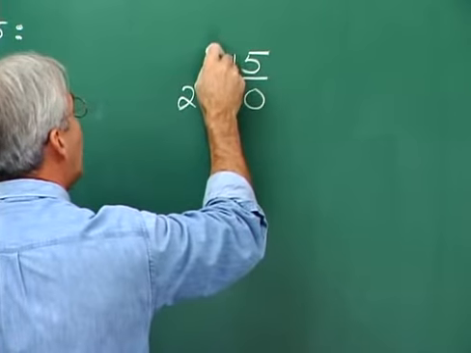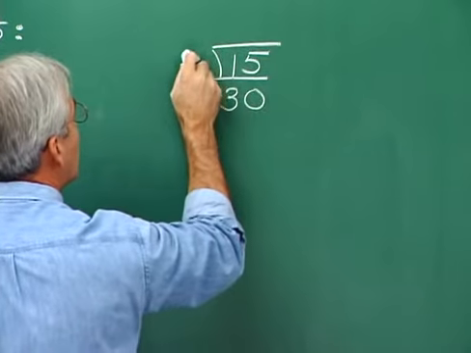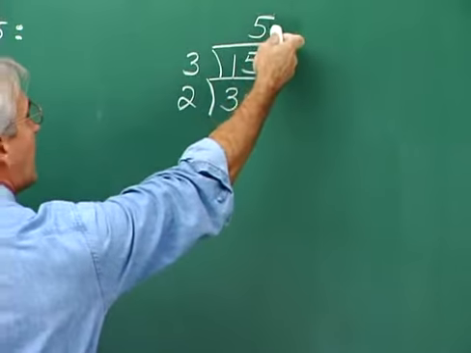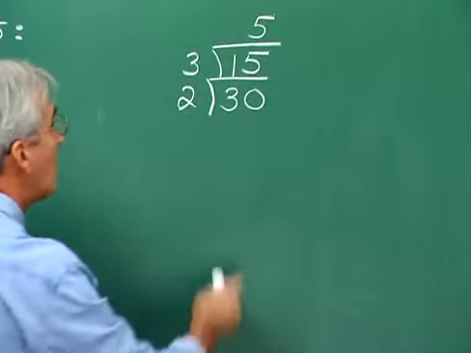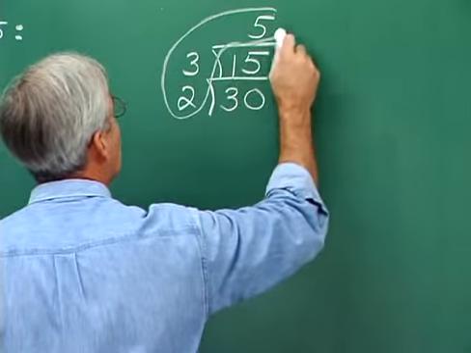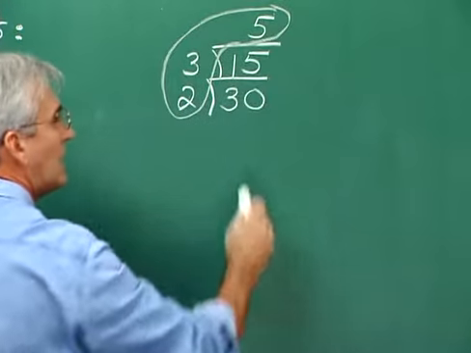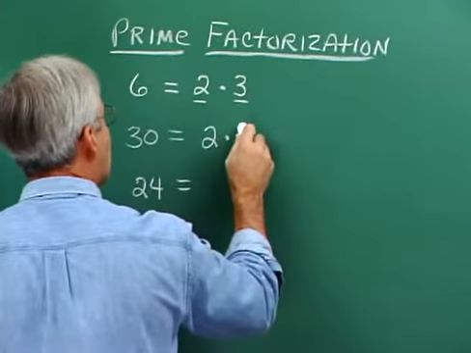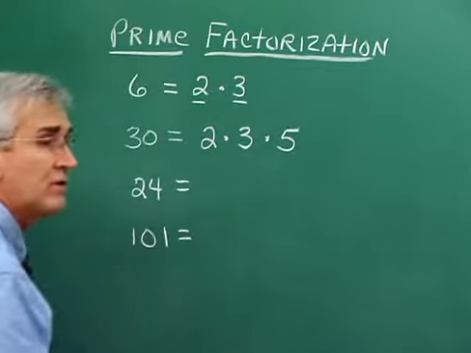Let's divide it like this and stack the division. 3 goes into 15 5 times. When you arrive at a point where the topmost item is a prime number, then your product of prime numbers is right here. We can write 30 as 2 times 3 times 5. Let me write that over here: 2 times 3 times 5 is the prime factorization for 30.